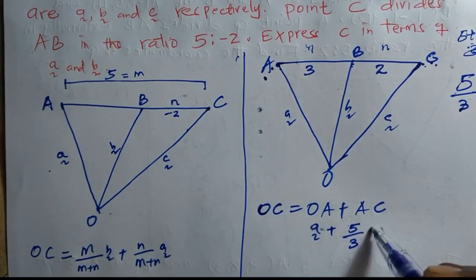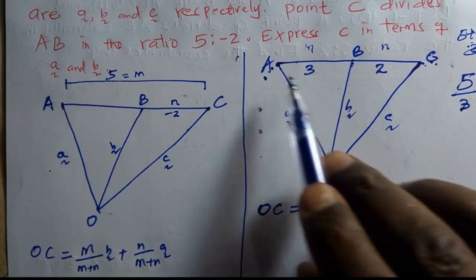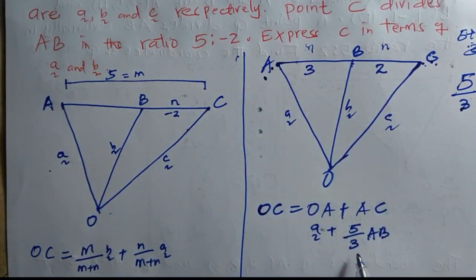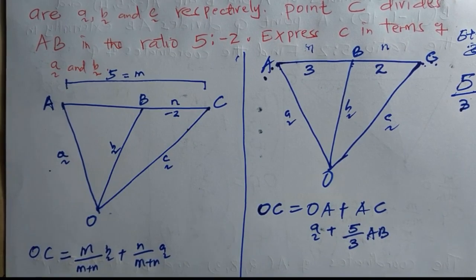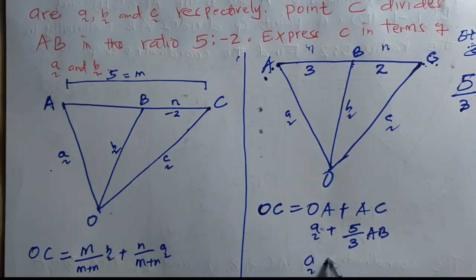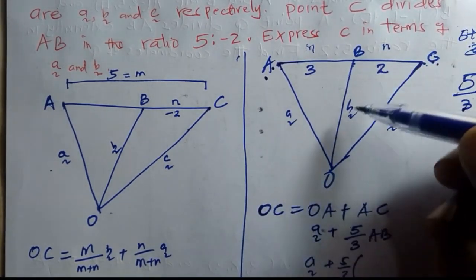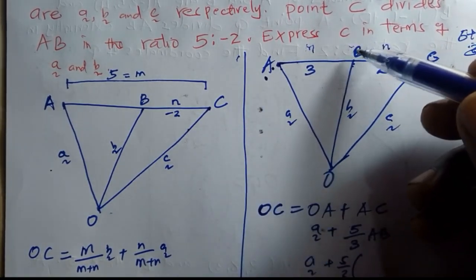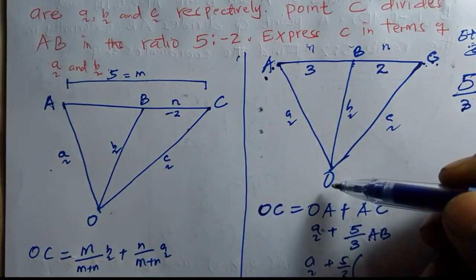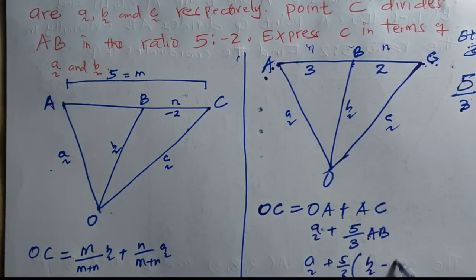So AC is 5 over 3 of AB. Now a plus 5 over 3, you need to get AB. How do you get AB? AB is equal to AO plus OB, which is b minus a.